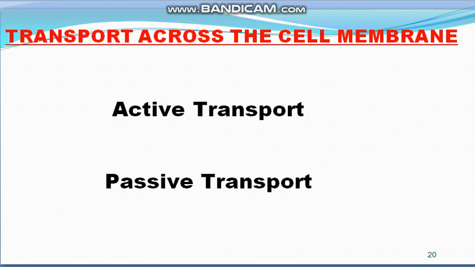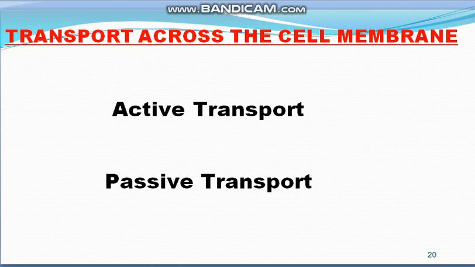So there are two types of transport across the cell membrane. One is active transport and the other one is passive transport. When we talk about active transport, it is that type of transport when molecules move across the membrane with the use of energy.